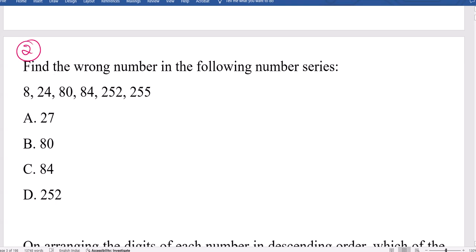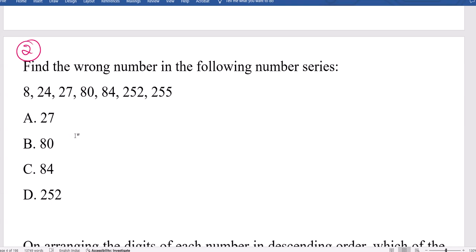One minute, one number is missing here. Fine, this is the correct question: 8, 24, 27, 80, 84, 252, 255. One number was missing, I added it now. This is the question actually. Wrong number in that. What's your answer?